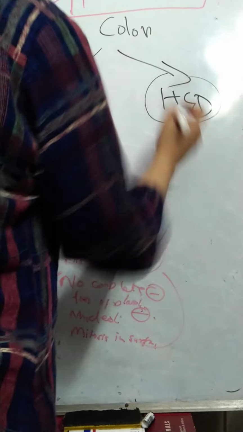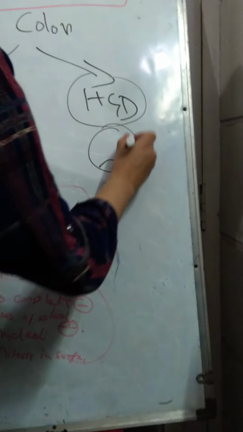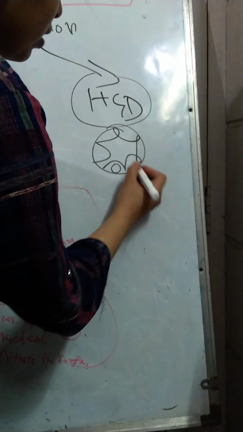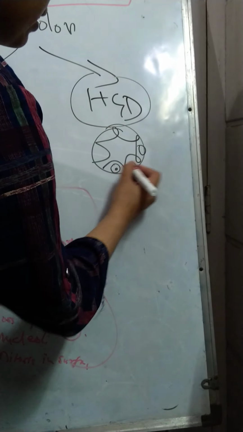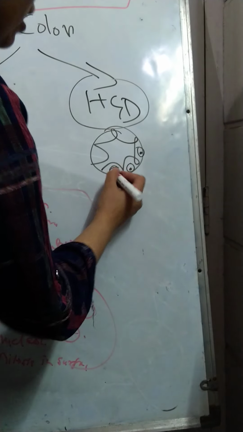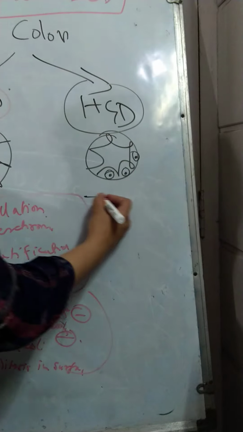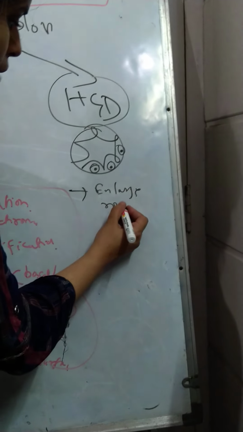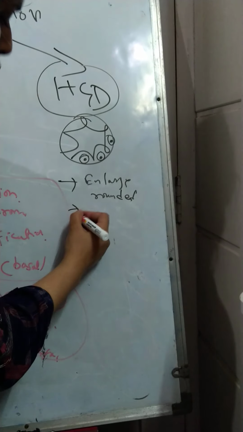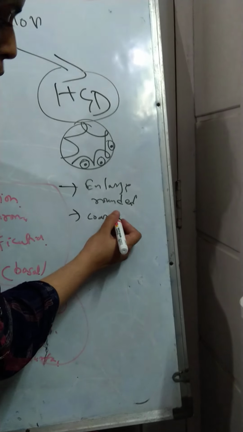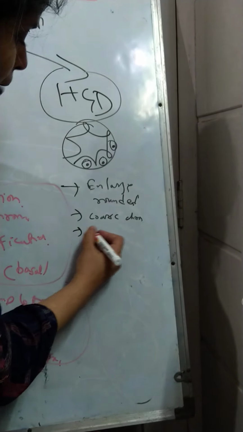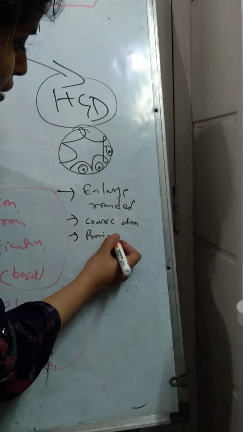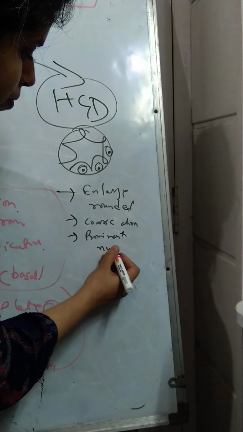In a high grade dysplasia, the nuclei not only become enlarged, they tend to become a little rounded up. So there is an enlargement as well as a rounding up of the nuclei. Of course, they will have coarse chromatin, or what we call hyperchromasia. More importantly, they have prominent nucleoli.